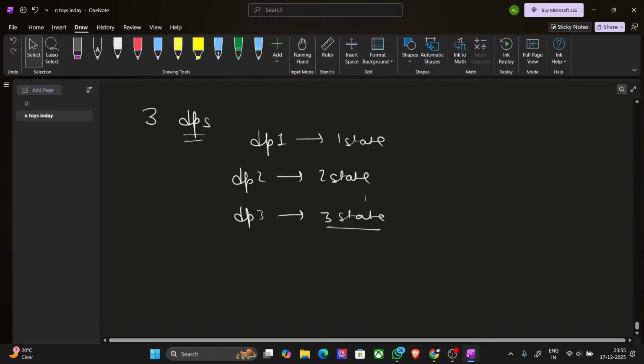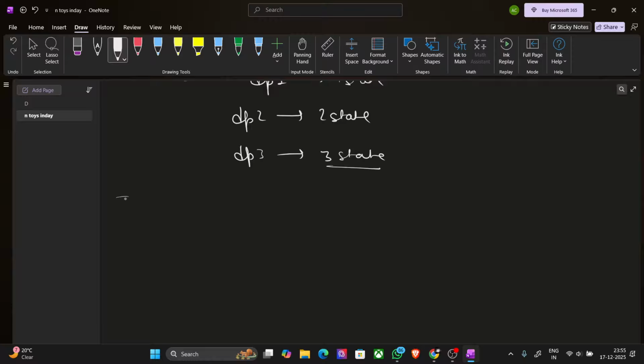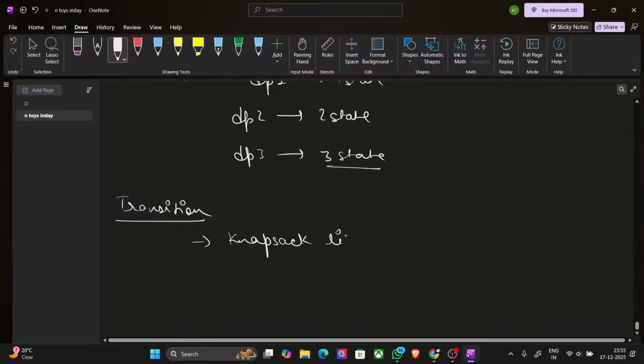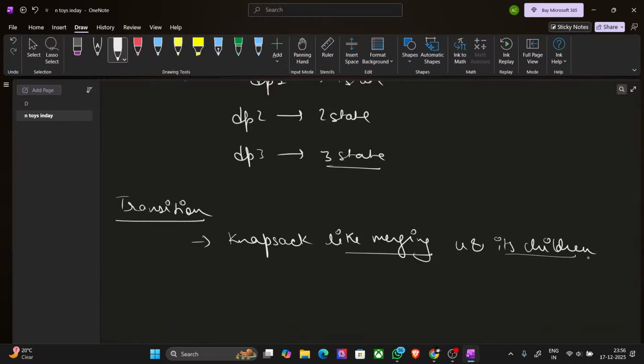About the transition, the transition function is essentially multiplying polynomials or doing knapsack-like merging. So I can write it as knapsack-like merging for U and its children, correct?